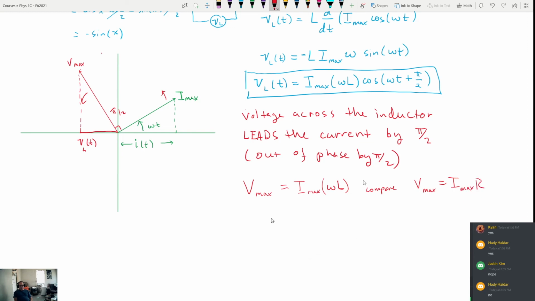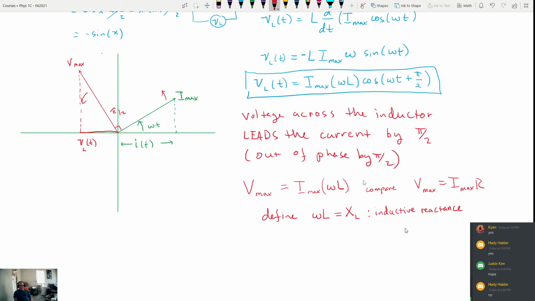So what we're going to do is define omega times L to be equal to X sub L, okay? You may or may not have heard it, we call this reactance. This one's called inductive reactance. Omega times L equals X_L.